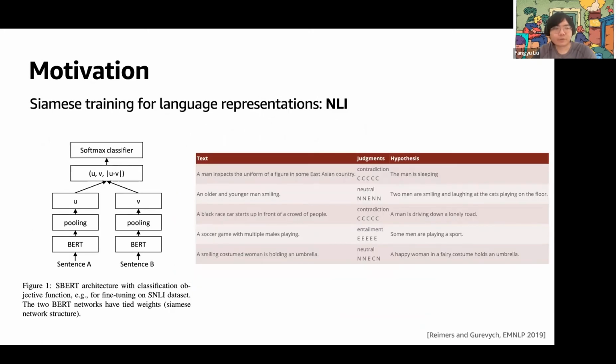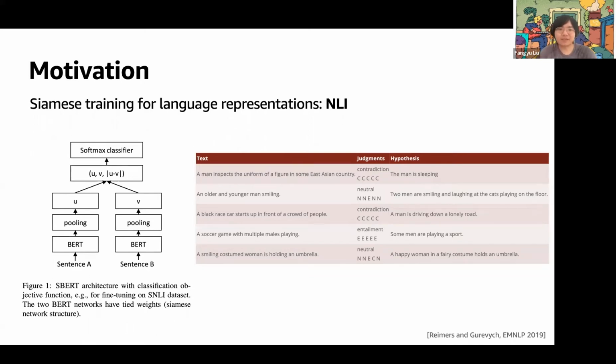What did people do before to try to fix this? There was this famous work called Sentence-BERT or SBERT from EMNLP 2019 that tried to fine-tune BERT on some downstream applications, such that after fine-tuning, BERT's sentence representation could be greatly enhanced.